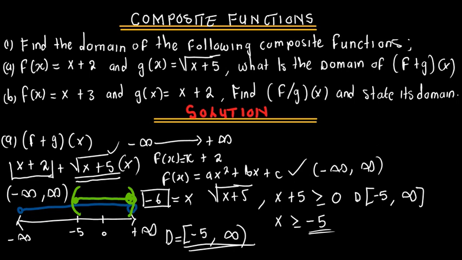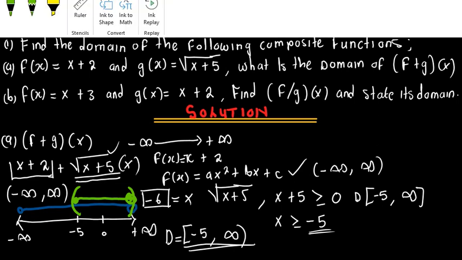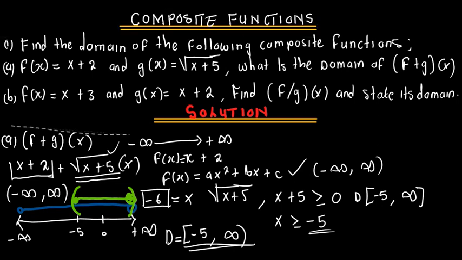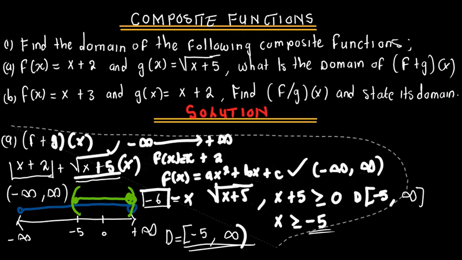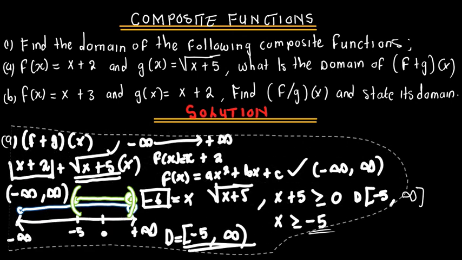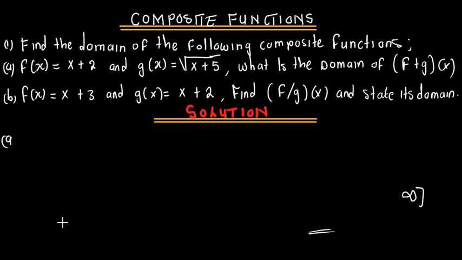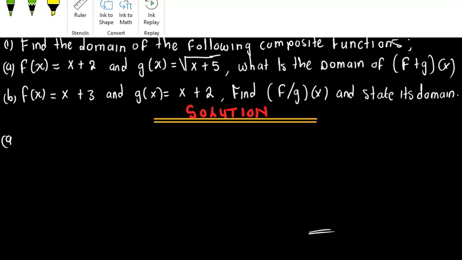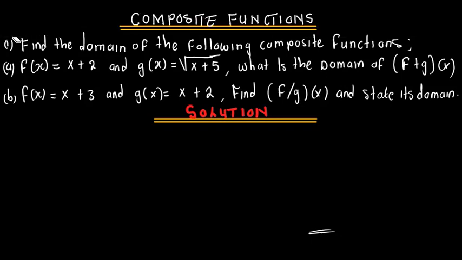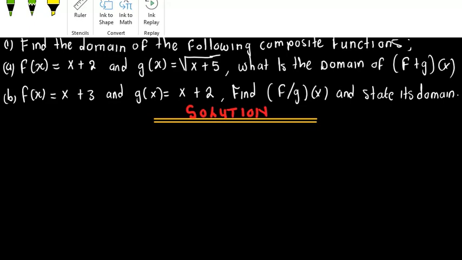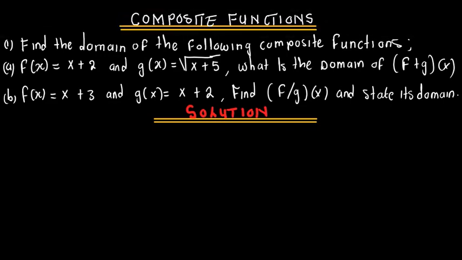It's actually simple. All right, let's do the second question. The second question is simply saying f of x is equal to x plus 3 and g of x is x plus 2.